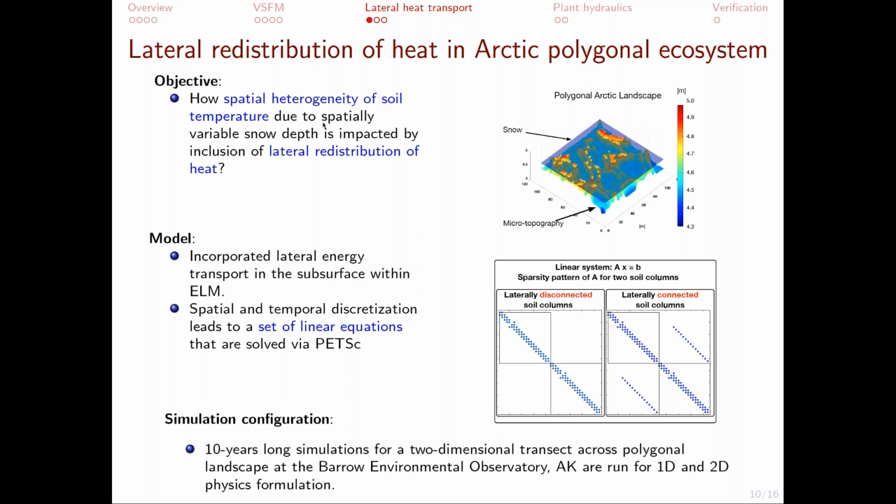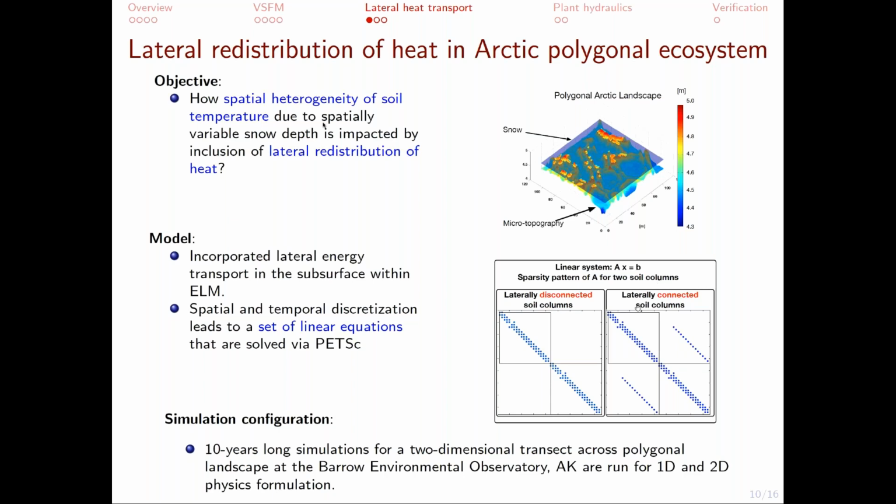We were interested to study how the inclusion of lateral redistribution of energy impacts this heterogeneity in soil temperature with depth. So we incorporated lateral transport within the ELM model.